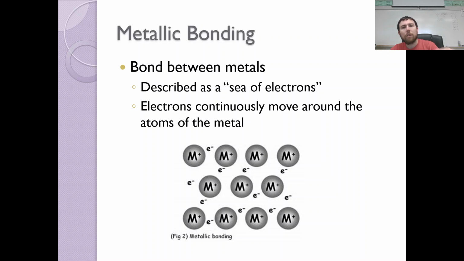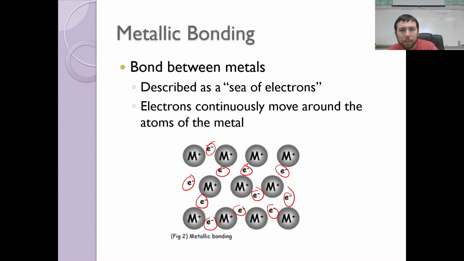Now, what we find is that when we see the bonds in metallic substances, we describe it as a sea of electrons. What I mean by that is if you look at this image down here, you've got these electrons that are here, here. I'm just going to draw circles around all of them, right? You've got all these electrons.